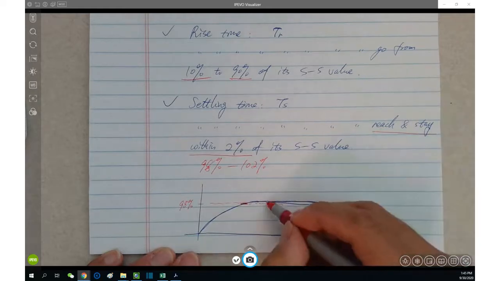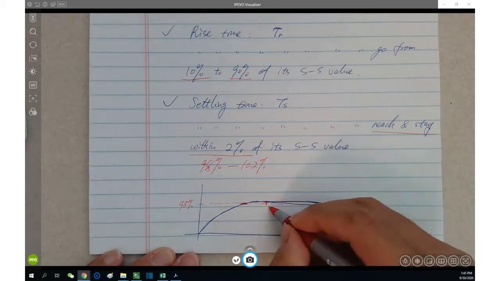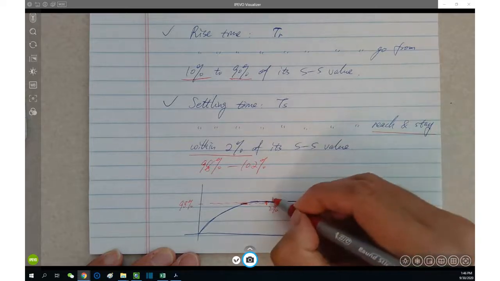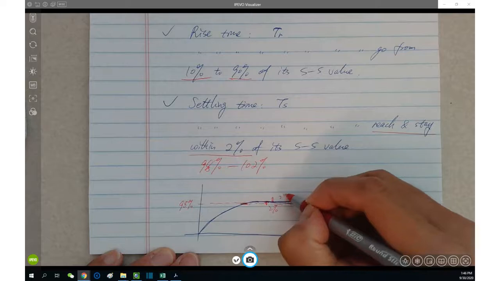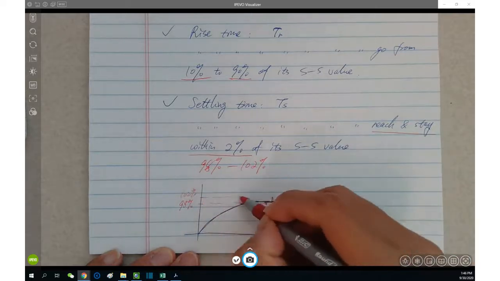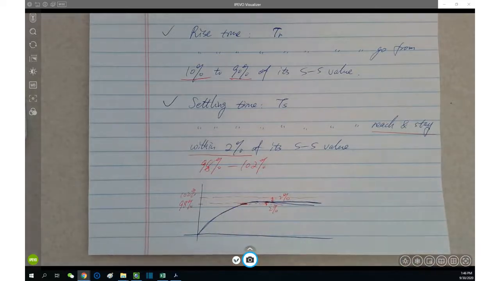So from this 98 to the steady state, you have 2% here. You have another 2% above here. This is the 102%. Obviously, the steady state value is right in the middle.